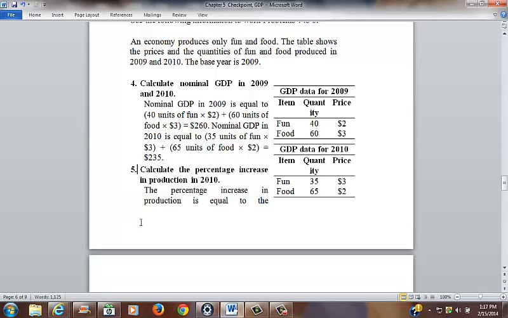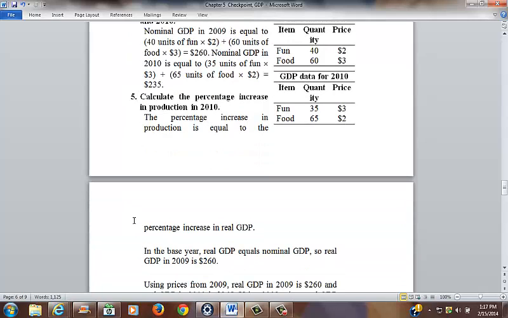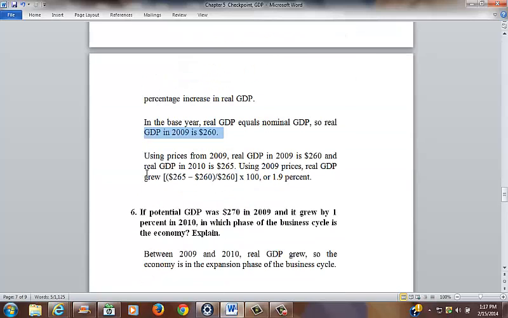For question 5, calculate the percentage increase in production in 2010. The percentage increase in production is equal to the percentage increase in real GDP. In the base year, we already calculated that real GDP equals nominal GDP, so real GDP in 2009 is $260. Then you use the prices from 2009.